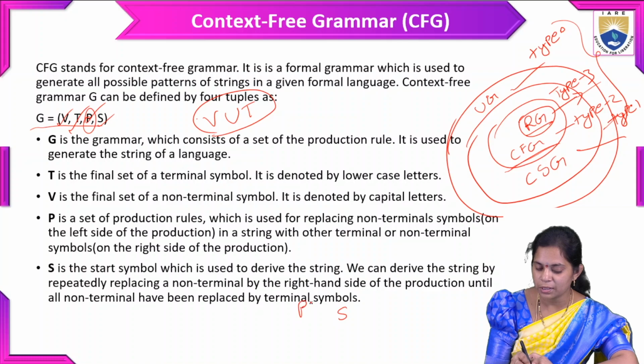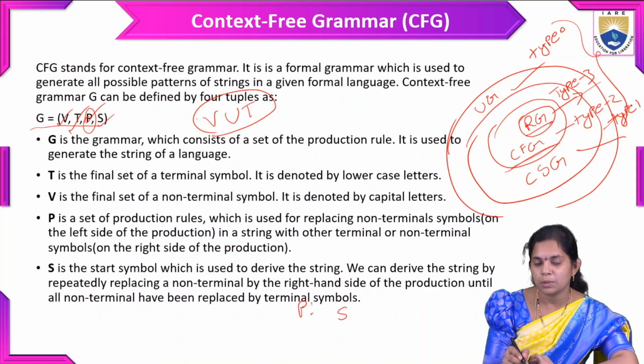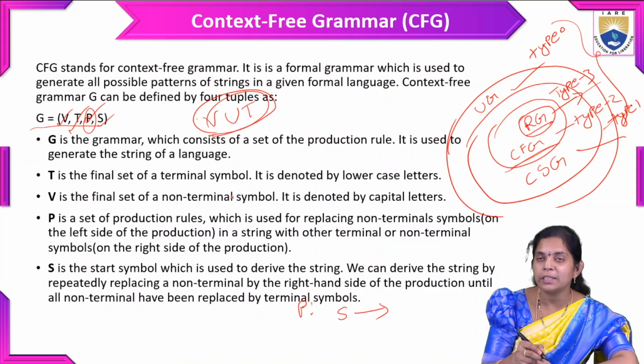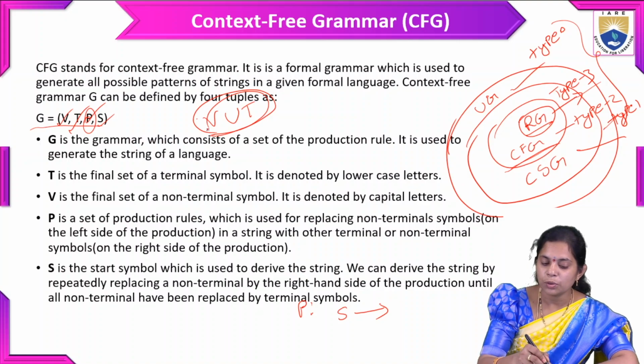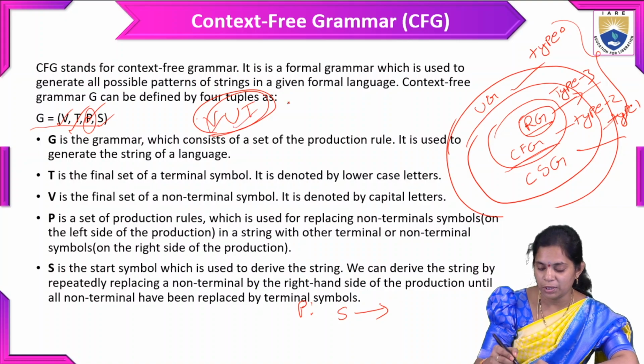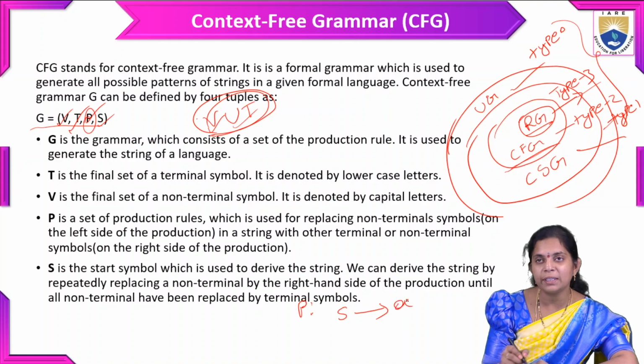Suppose a production rule starts with the S letter, and the right-hand side is a combination of V union T, non-terminal union terminal. Either it can be a single terminal, or it can be a combination of a non-terminal and a terminal.